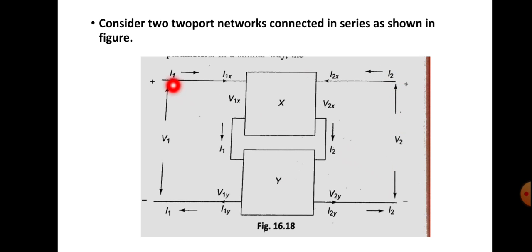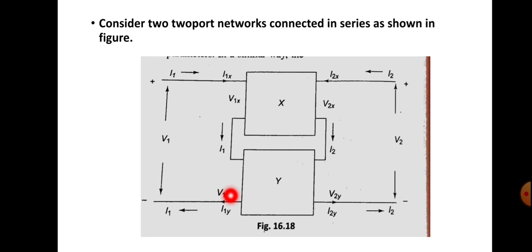So for the series connection, the total voltage is V1 at the input side and the output voltage is V2. So for the series connection, this is the input port and this is the output port. Similarly, we can find the current I1X passing through this and it will go to this network like this. And then we can take the output.